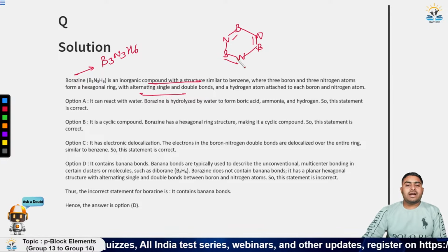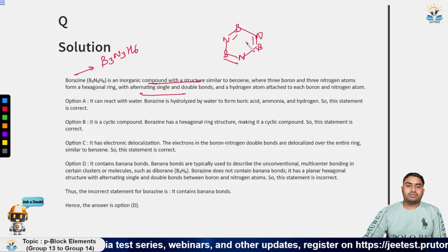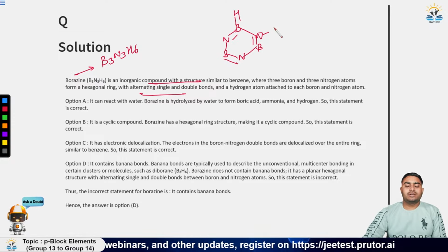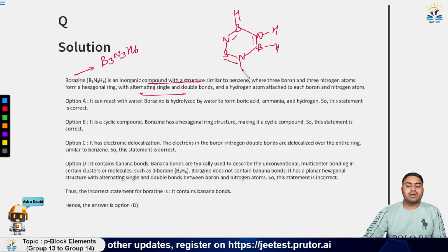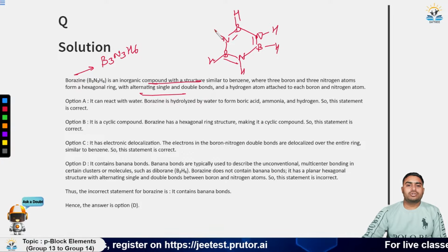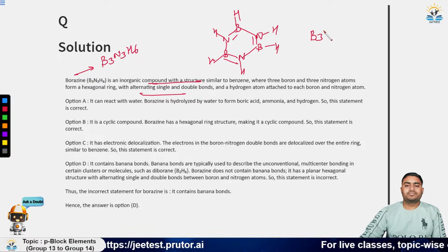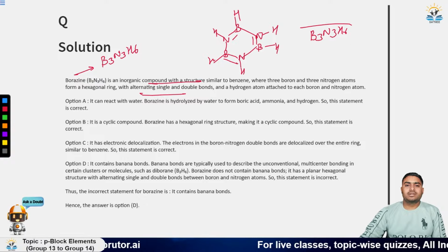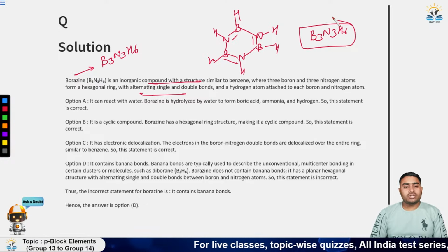And a hydrogen atom is attached to each boron and nitrogen atom. So let's attach each boron and nitrogen atom with a single hydrogen. So you can say this is B3N3H6. This one is known as borazine.